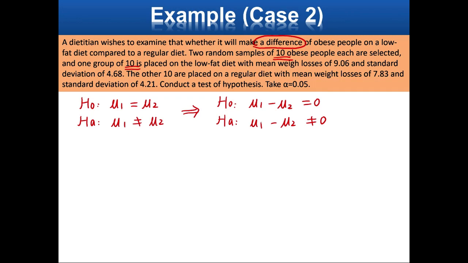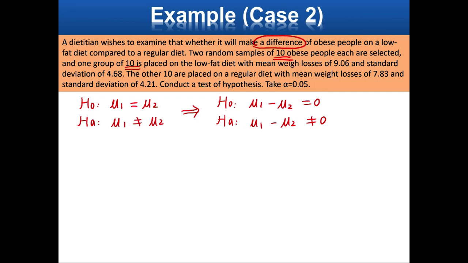Although the two sample sizes are the same, 10, they are still not case 4, paired difference case, because these two groups are independent. People on a low-fat diet are independent of the people on a regular diet.